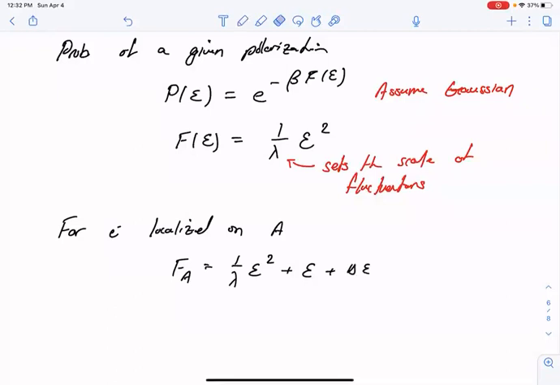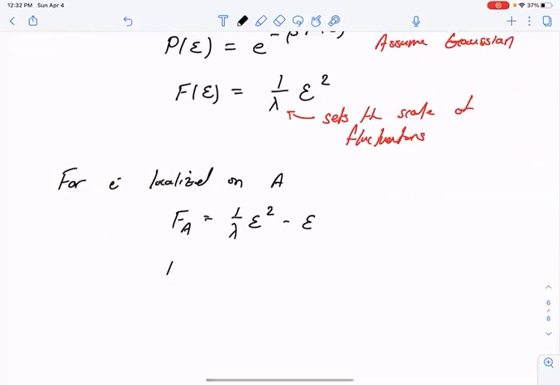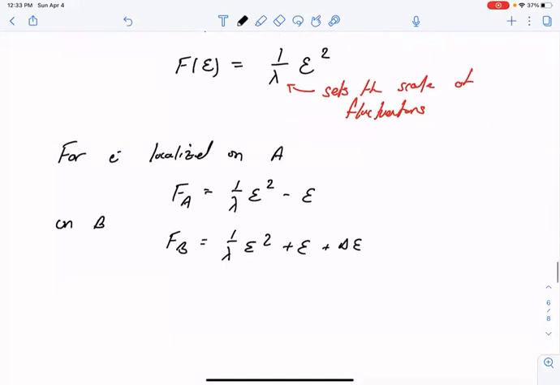Oh, no, sorry, this is a minus, no offset, we put that in B, for it localized on B. We have some Gaussian distribution, point that field in the opposite direction, and have some energy offset. So our criterion for the transition state is where these two parabolas intersect.